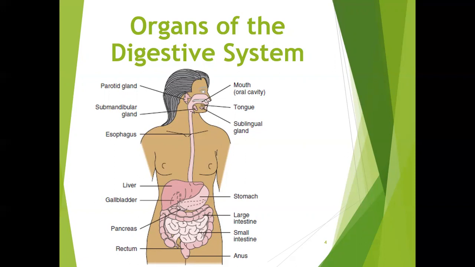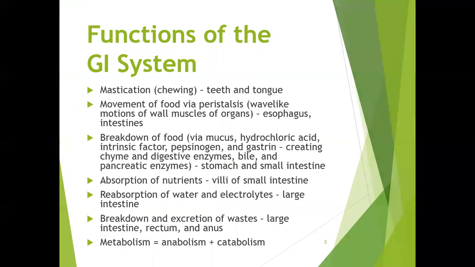Let's learn a little bit more about the function of these organs. Functions of the GI system: mastication, which means chewing. We use our teeth and our tongue to chew food. The movement of food via peristalsis, or wave-like motions of wall muscles of organs, occurs in both the esophagus and the intestines for either the movement of food from the mouth to the stomach or the excretion of food waste products.